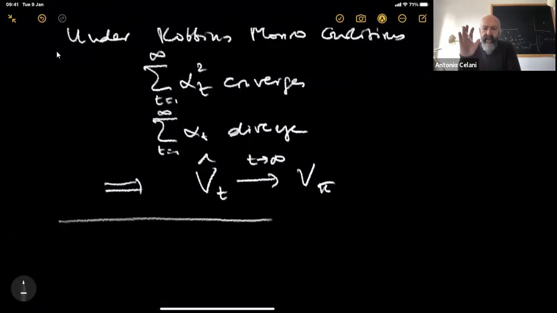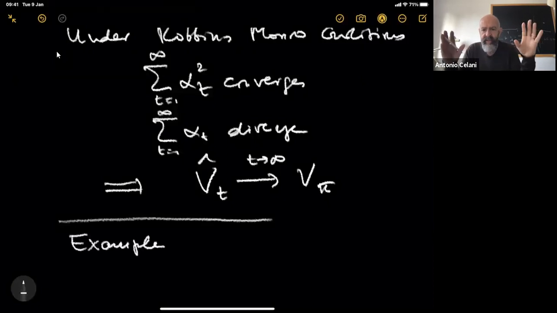But before we go there, let's just take a very, very simple example of how temporal difference learning works. This is even simpler than the one that you discussed at the tutorial. So this example serves two purposes. The first purpose is just to demystify a little bit the temporal difference setting, making it extremely transparent in a very, very simple case.